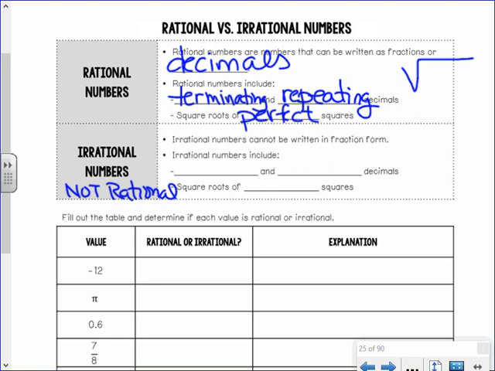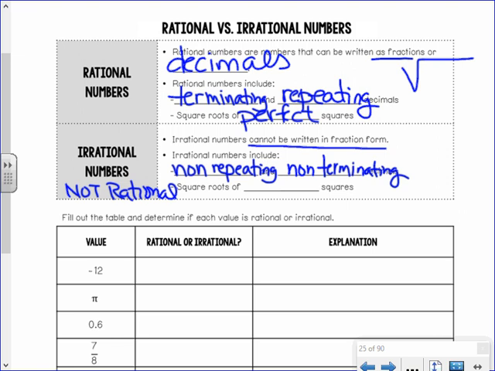Okay? So, rational numbers are numbers that can be written as fractions. Guess what? Irrational numbers cannot be written as a fraction. Okay? Irrational numbers include non-repeating and non-terminating decimals.